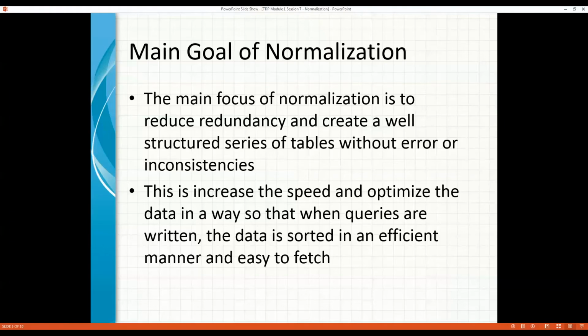So if for one student we suddenly now have 5 rows, well, that's 5 times the amount of data that we originally needed. This is going to pose an issue, especially in the long run. But another goal of normalization is simply to increase the speed and optimize the data. That way, when you write a query, the data is sorted in a nice, efficient manner, and it's easy to fetch that information.